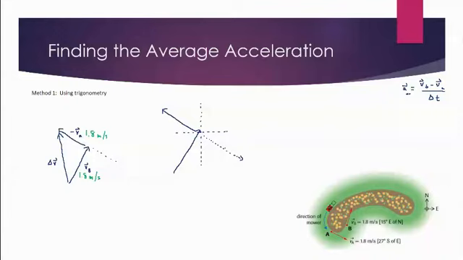So what do we know from the problem? Vector VA is 1.8 meters per second, 27 degrees south of east. So I know that this angle here will be 27. And due to opposite angles, the vector negative VA would be 27 degrees north of west, just by that symmetry. What do I know about VB?